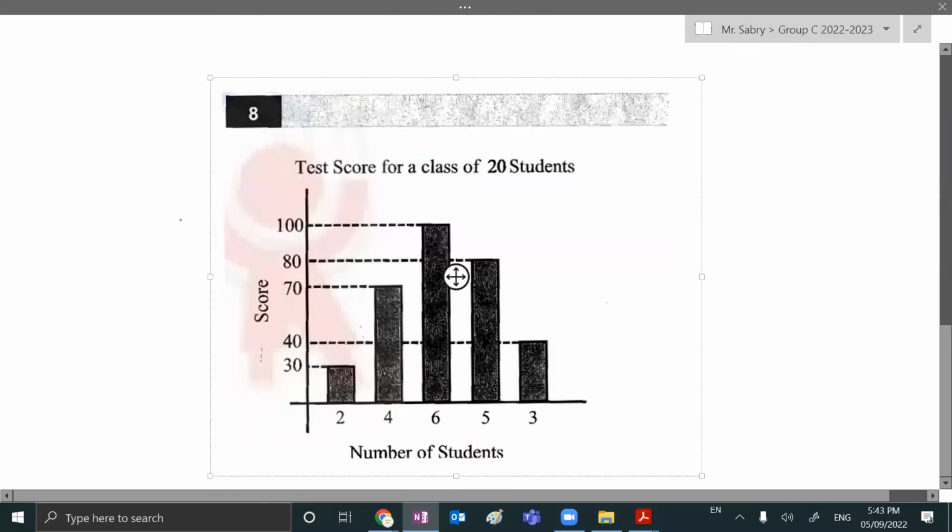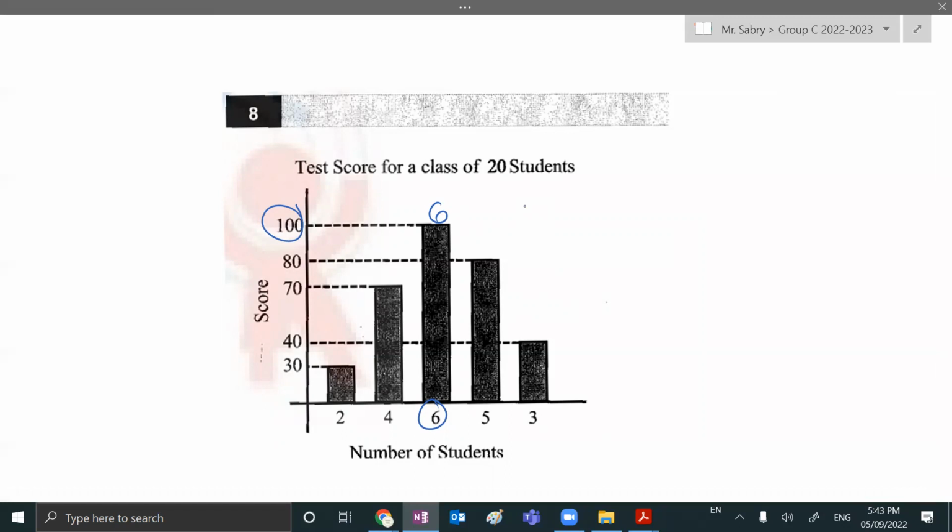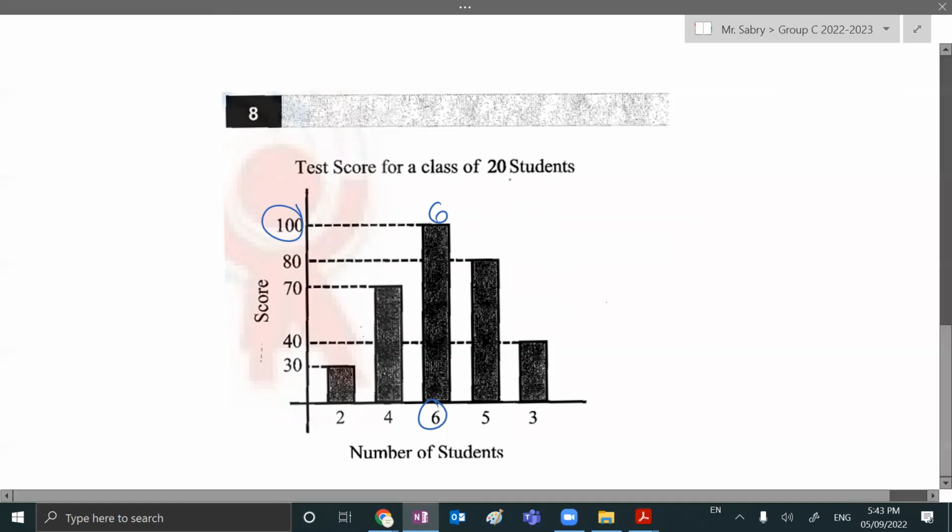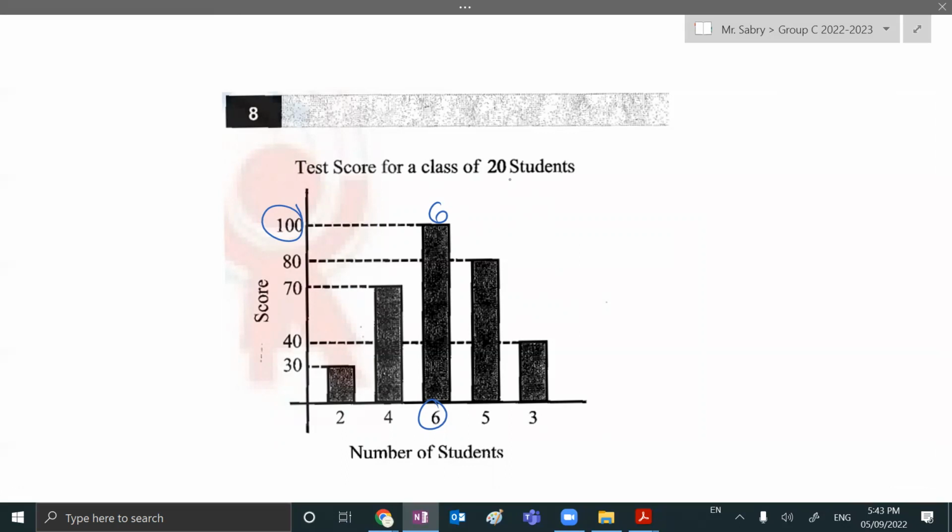So when you look at it, it tells you that the score of 100 was repeated 6 times because 6 students got 100. So the data are actually written in the form of 100, 100, 100, 100, 100, 100, 6 times, and then 80, 80, 80, and so on. But instead of writing them in this form, 20 numbers in that form, they wrote it in that form for you to understand.